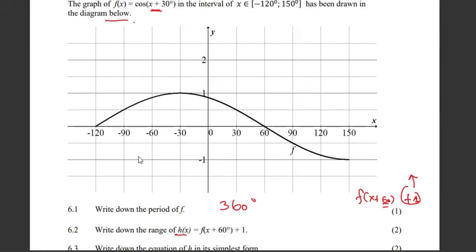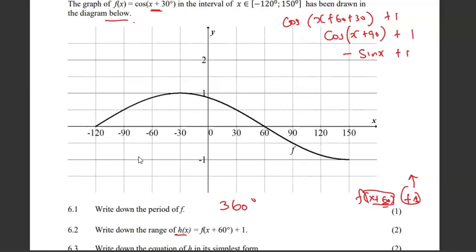What does that mean? We're going to have a cos where there is x, I'll replace it with x plus 60. So it's x plus 60 plus 30 and then plus 1, which becomes cos of x plus 90 and then plus 1. So this cos of 90 plus x gives us negative sine x plus 1.